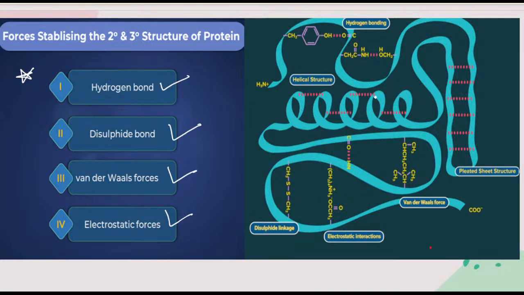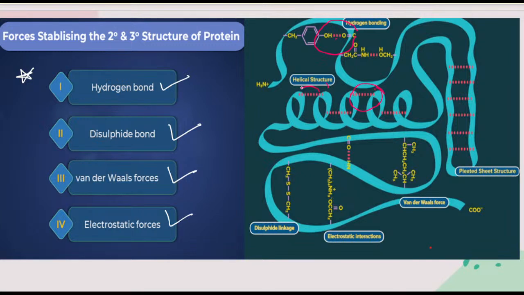In this case, you're observing, let me highlight some of the bonding here. You can zoom in on your screen. It's a helix, so there is a hydrogen bond here. This is a hydrogen bond, and this is a hydrogen bond too.